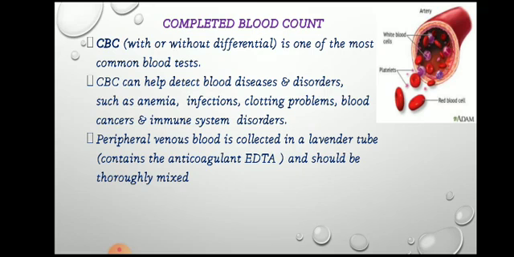Now the next point is the hematological parameters, as per our syllabus. Hematology means all the parameters that need to be studied which are present in the blood. First we should know about the erythrocytes, the RBCs, and WBCs, which are called leukocytes, and their subtypes.